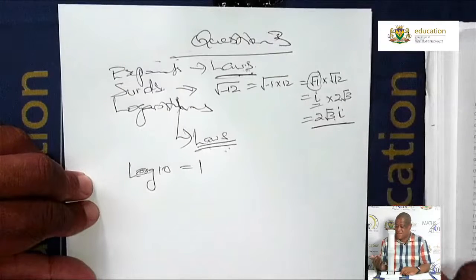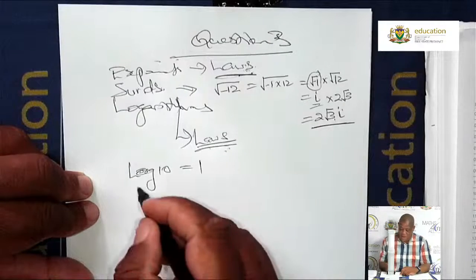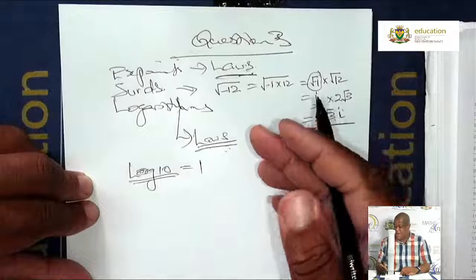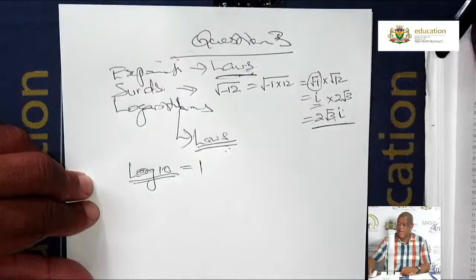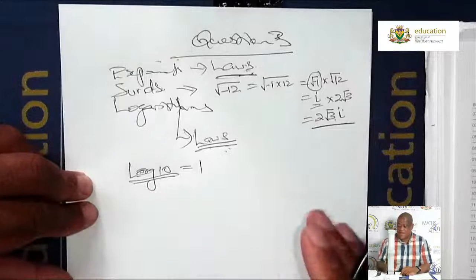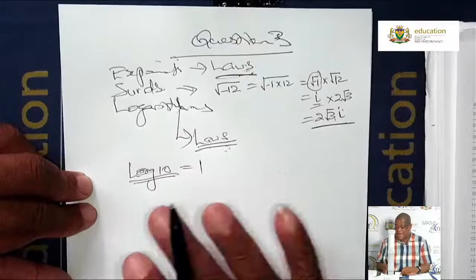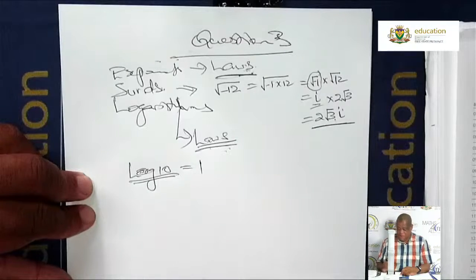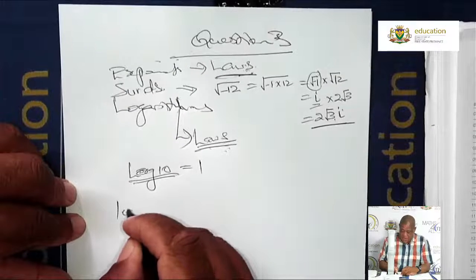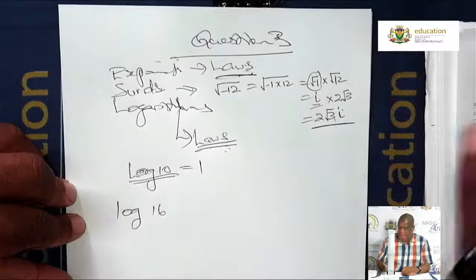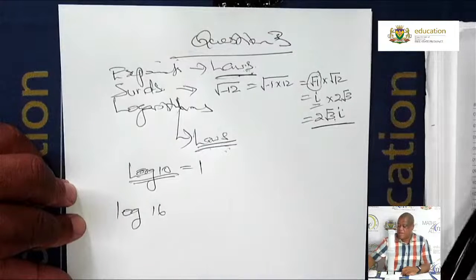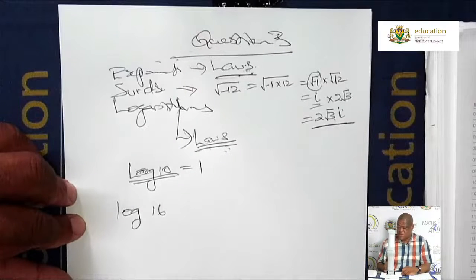If a question is given, let us be able to recall. Once we see log 10, we just bring it to a 1 and simplify. An example can be, you may be given something like this. I'm taking this from the paper that was set now in September.